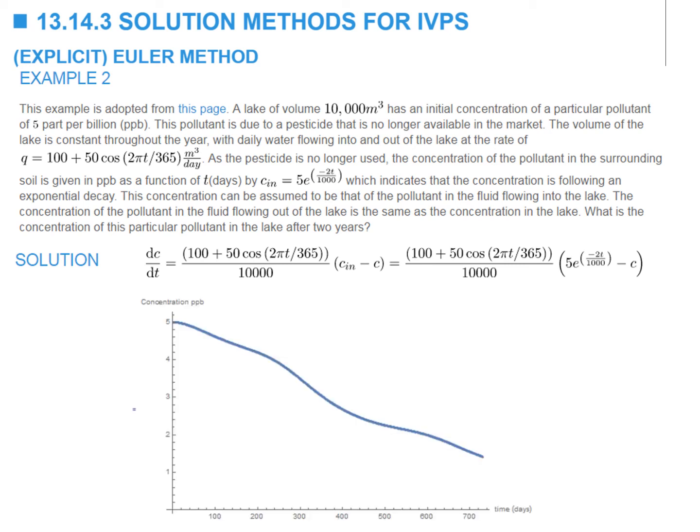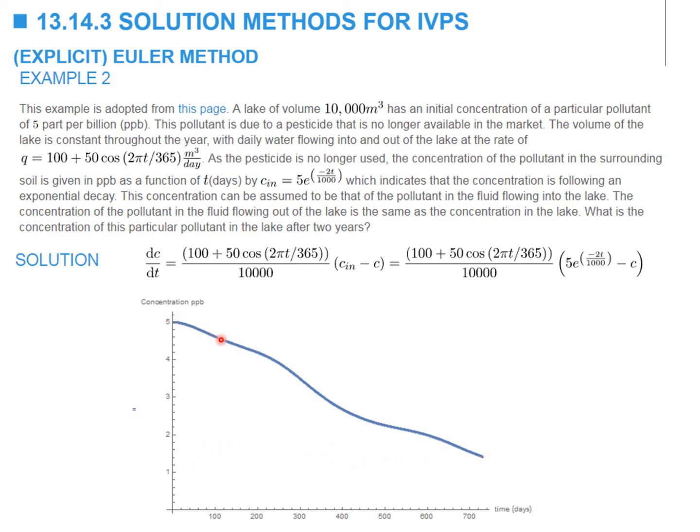Okay, so as you continue, you can do this for 2 years. 2 years is 365 multiplied by 2 days. You can see that the concentration decreases over the period of 2 years. And you will be able to find that after 2 years, the concentration reaches a particular value less than 2 parts per billion.